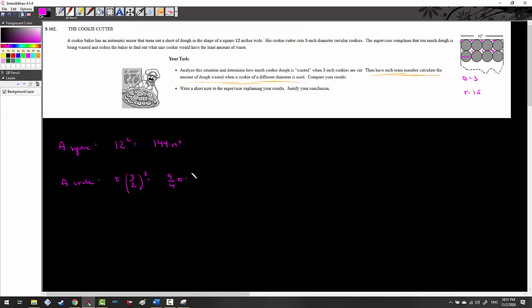But I'm going to multiply it by 16 because if this is a 12-inch square, there should be 16 total cookies in the square. So that will cancel that out, giving me a 4, so 36 pi. And that ends up being the amount of space wasted. 144 minus 36 pi inches squared of cookie dough wasted.